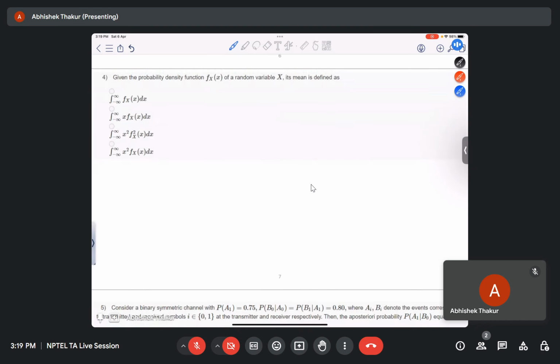Now moving on to the next question. Given the probability density function f_X(x) of a random variable X, its mean is asked. We have already studied mean, variance and other things in the last tutorial section. Mean is equal to the integral of x times the probability density dx, where x goes from minus infinity to infinity.